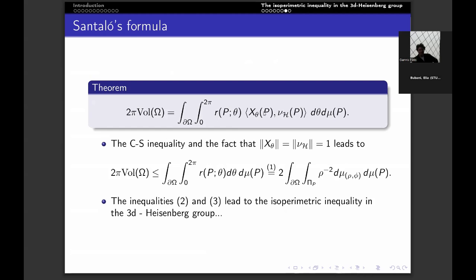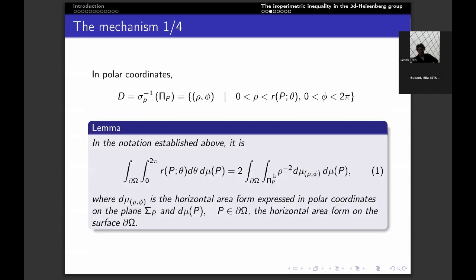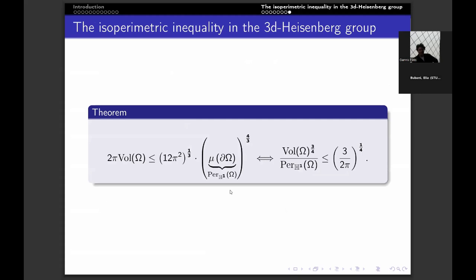Also, because the vector field x theta at p is unit, and also because the horizontal normal is a unit vector field, we will use the Cauchy-Schwarz inequality and the identity one, which is here by our lemma, and then it will lead to the isoperimetric inequality in the third-dimensional Heisenberg group, which is this inequality, the volume of omega, and here it is the volume of omega, and we have the perimeter of omega. Santalo type inequalities equalities.